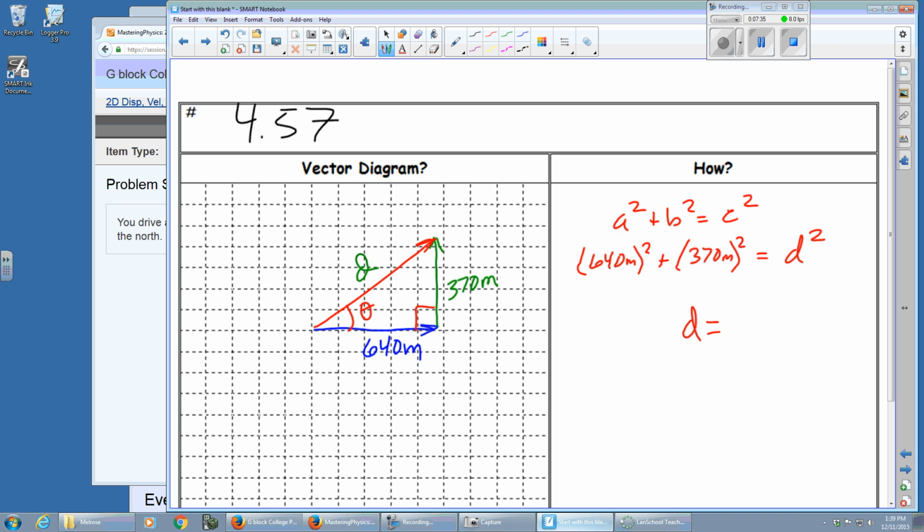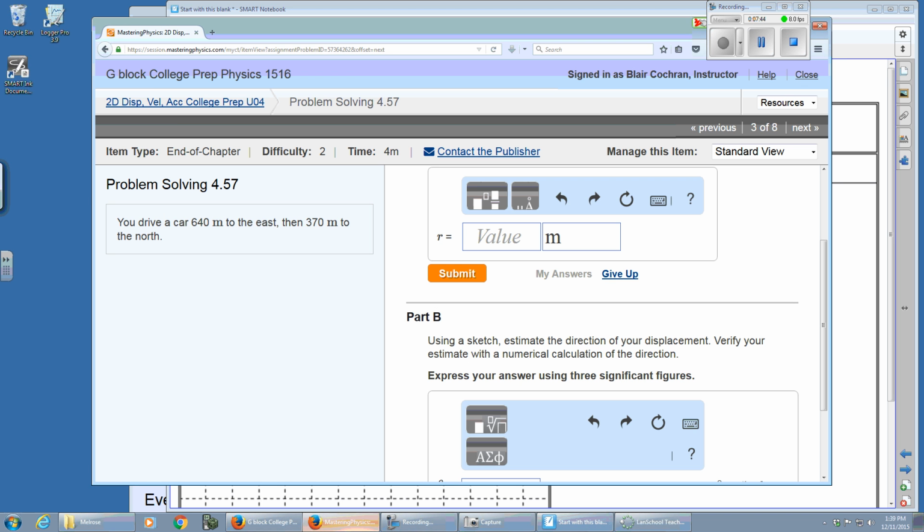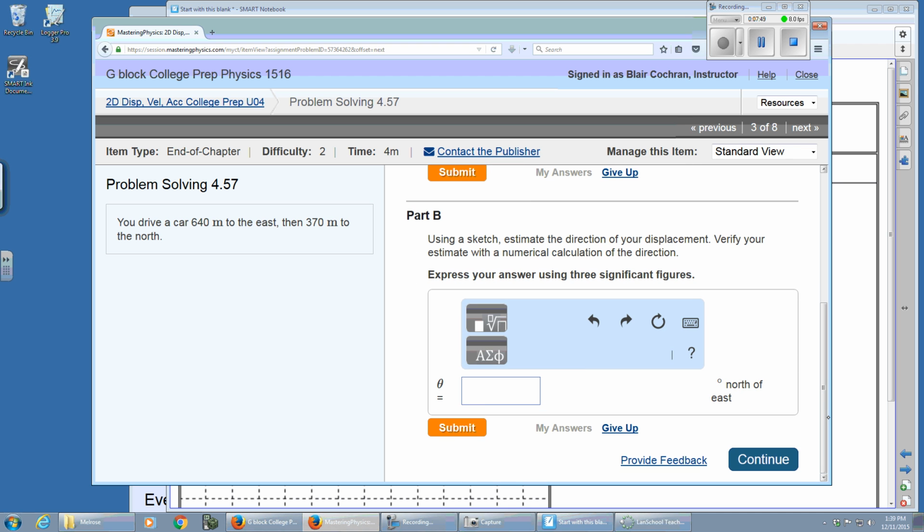And then I want to find theta. I better check my problem. Theta is north of east. Let's make sure that's what they asked me for. Do they ask me for north of east? Yes, they do.